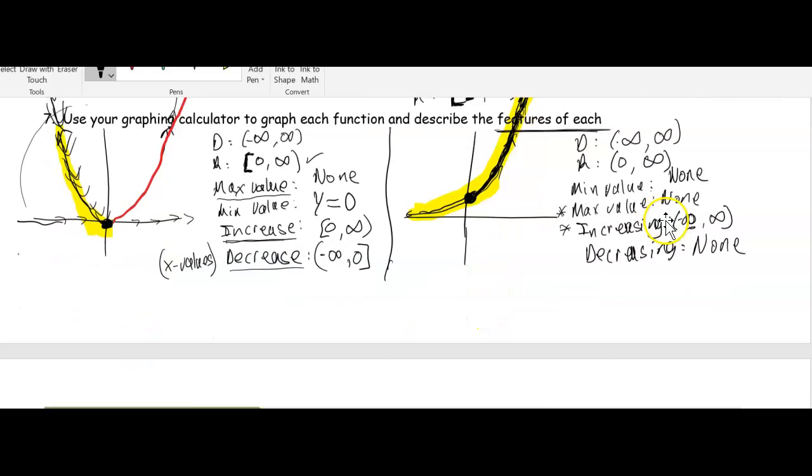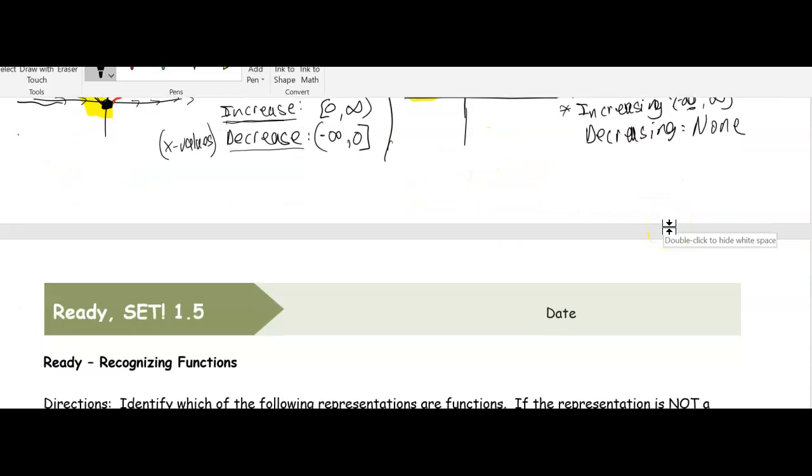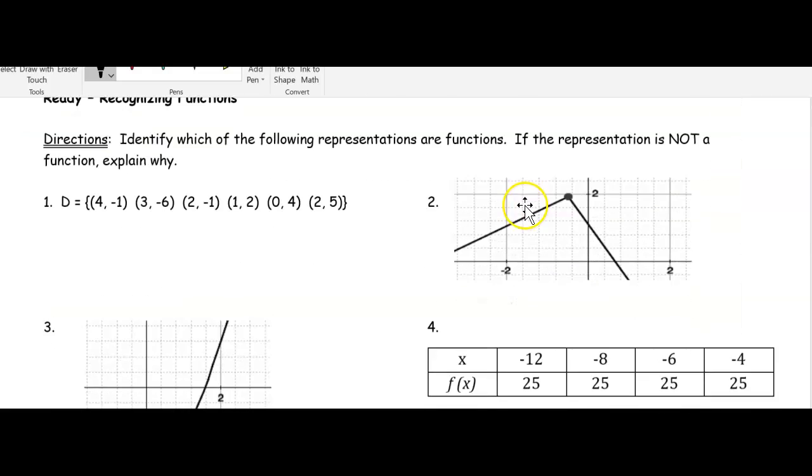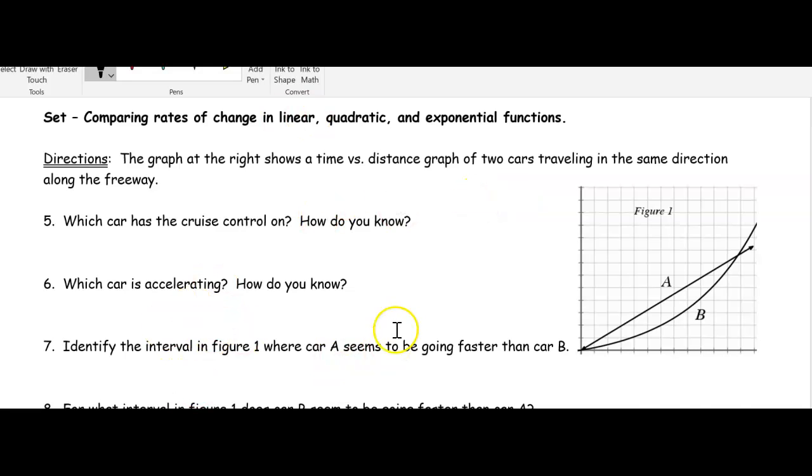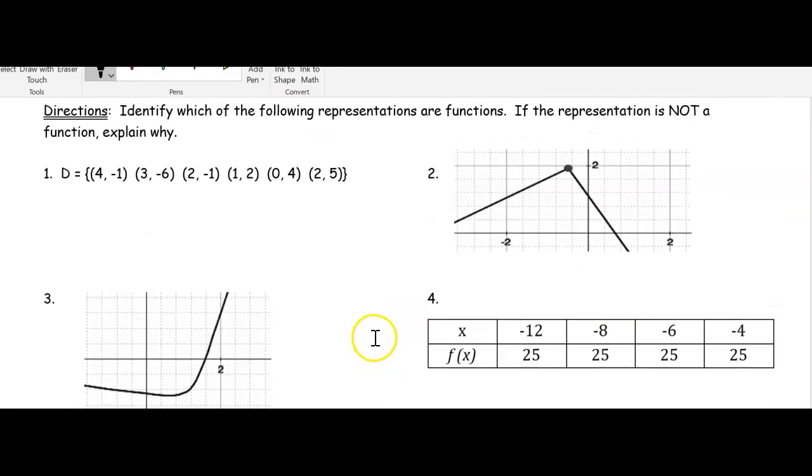All right, I feel like I'm teaching Math 1 again with all this stuff. All that you would have seen before, again, we're just recalling all of this. All right, the last thing we're going to do, and then this is ultimately going to be your homework. I'm going to leave most of this down here for you. I do want to see if we remember when it says identify which of these are functions. We added that to our little notes yesterday at the very beginning. And if it is not, you're going to explain why. We talked about this with our vertical line test.